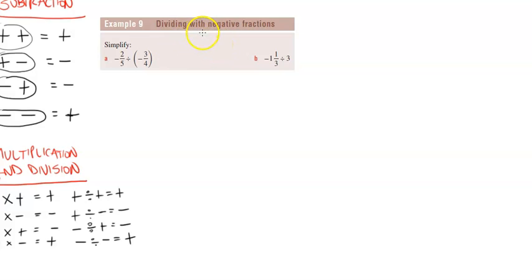We've got dividing with negative fractions. Now, again with division, a negative divided by a negative will give me a positive. The only problem we run into is we have a division, so we've got to remember keep, change, flip. Keep the first fraction, change the division into a multiplication, and flip the second fraction upside down. Also, while multitasking, knowing that a negative divided by a negative gives us a positive, so our answer is going to be positive.